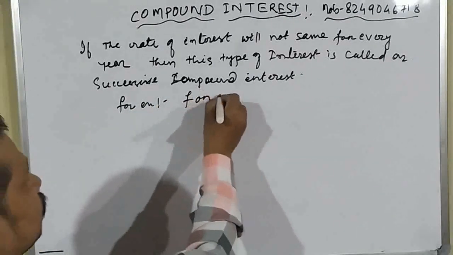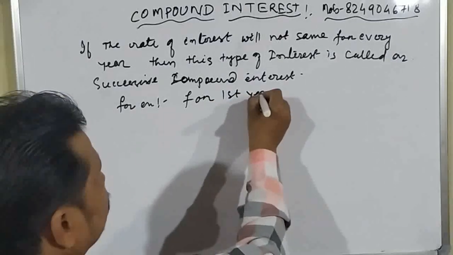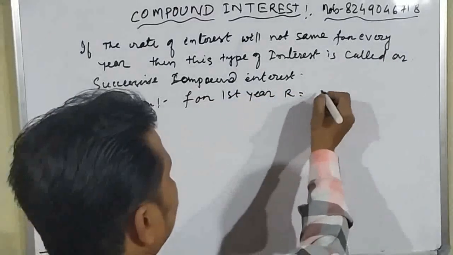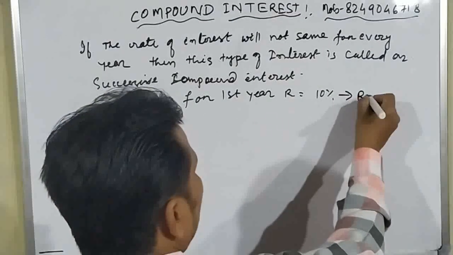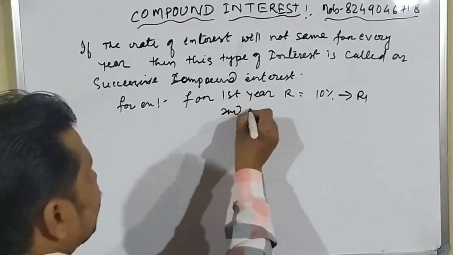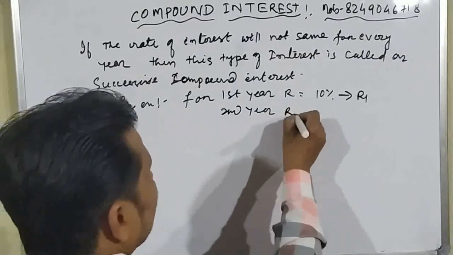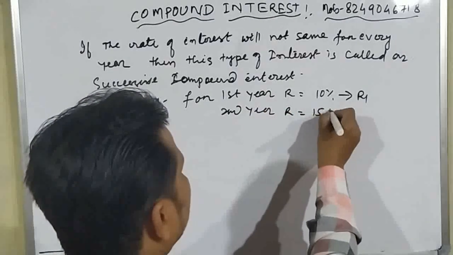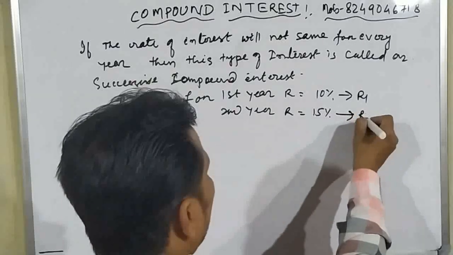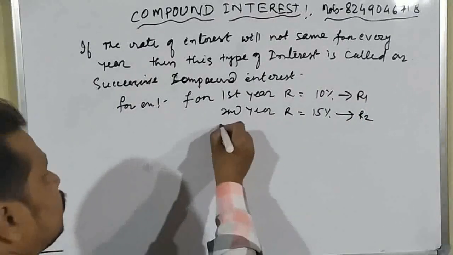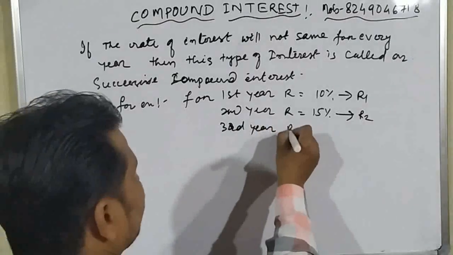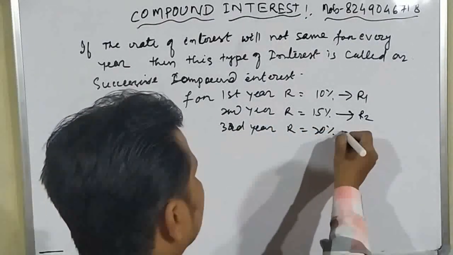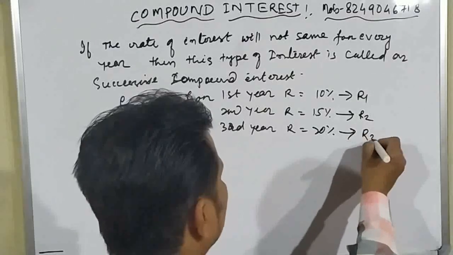For example, for the first year, rate equal to 10%. Suppose I will treat it as R1. For the second year, R equal to 15%. We will treat it as R2. For the third year, rate equal to 20%, which will be treated as R3.